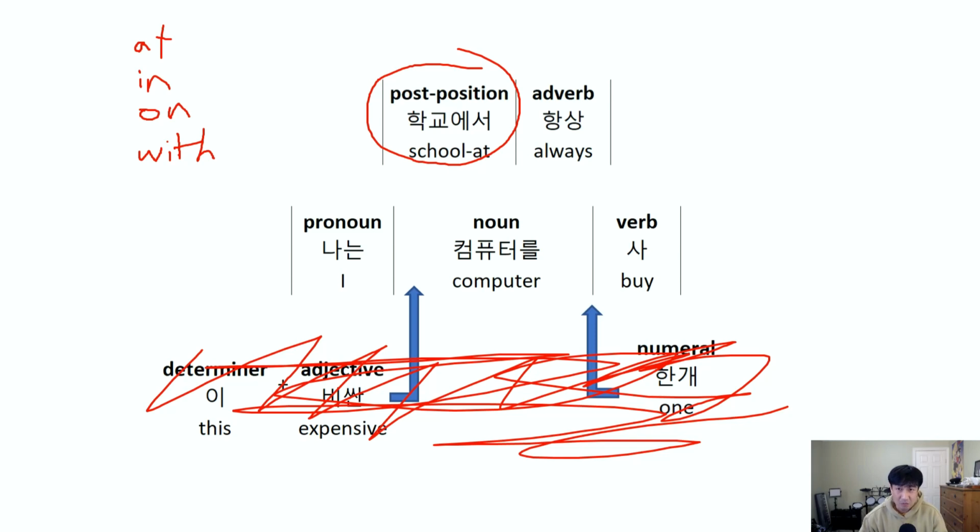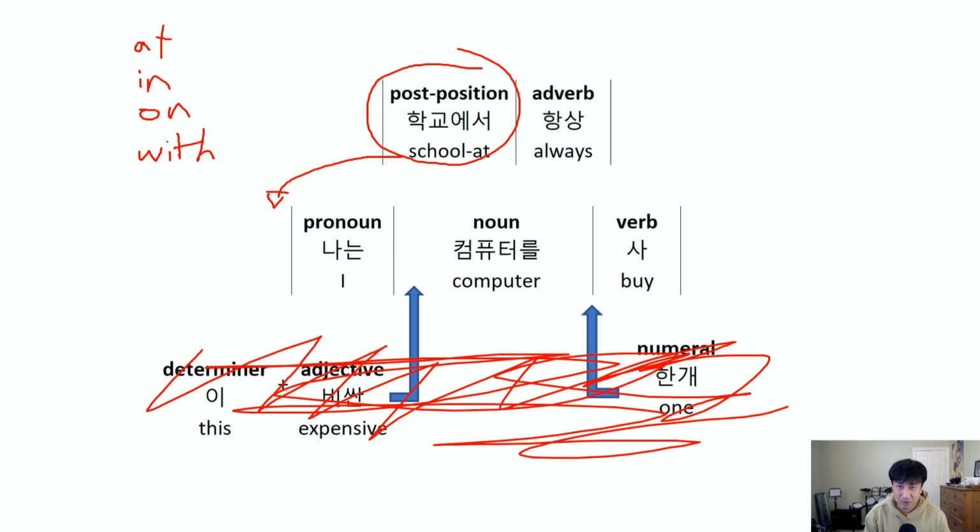But the thing about these is that they can go anywhere in the sentence as long as it's not at the very back. So for example, you can say "school at, I computer buy." It's like I buy computers at school, but we say "school at, I computer buy."